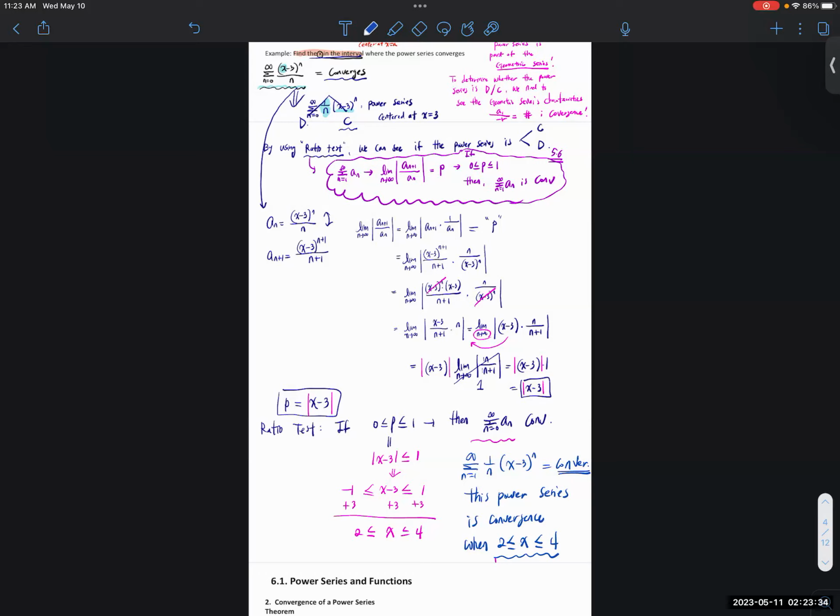By using the ratio test, you can find the size of P for which the series is convergent, and P was the absolute value of x minus 3, so you solve for less than 1. That's the less-than case of the absolute value. So when x is between 2 and 4, you always get a convergent power series. That's the main idea of 6.1.